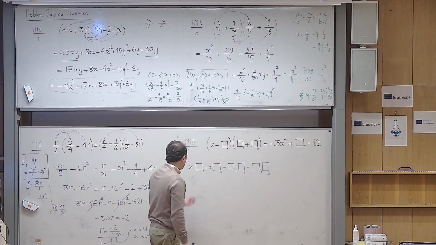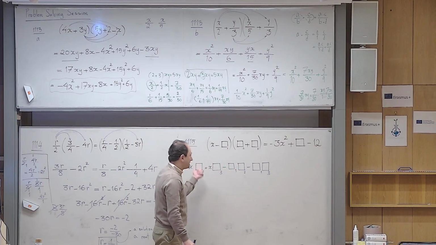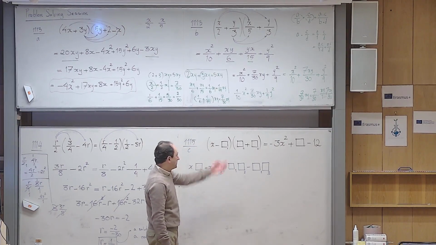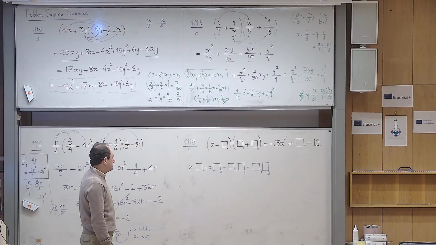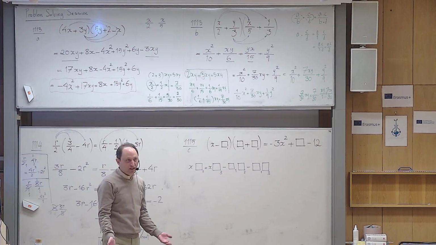So be careful. When I put something in box 2, this box 2 should also be the same, because these are the same boxes. And then I want to compare this one with that one. I don't know. Do you have any idea what to do? Yes, try to guess. I cannot tell you what to do exactly.